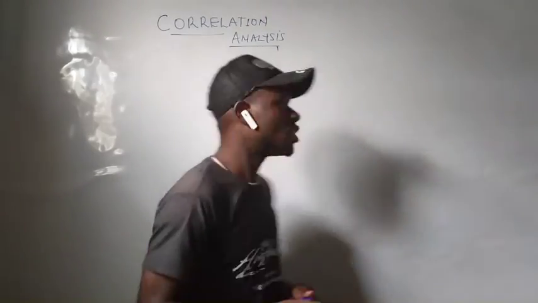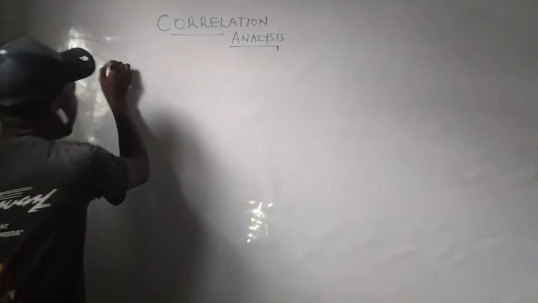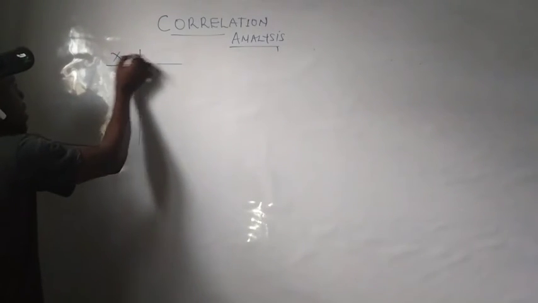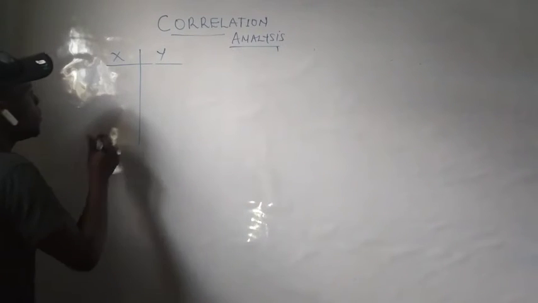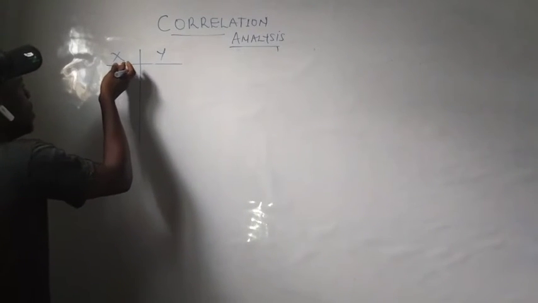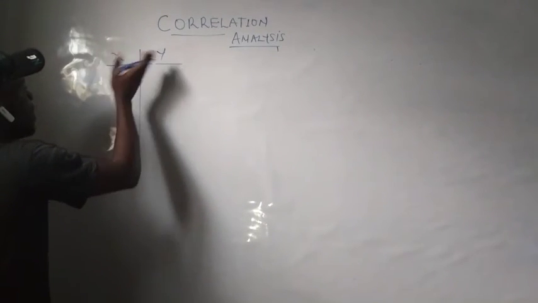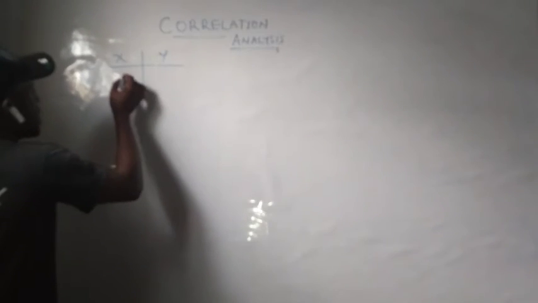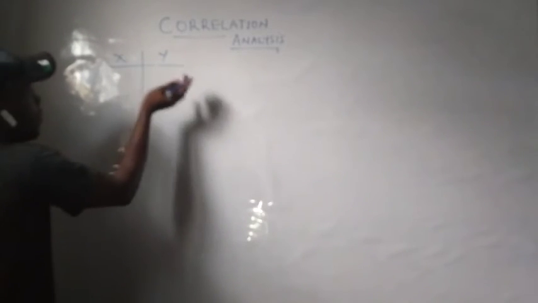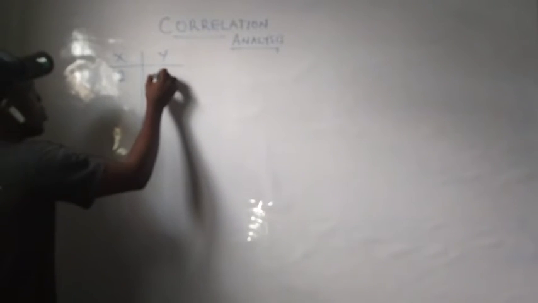So let us assume that we have a variable x and a variable y, depicting anything. But in this essence, let's say the scores of male and female in the class. Let's say in a maths class, which is over 5 marks, some girls scored 2, and the guy scored 3.